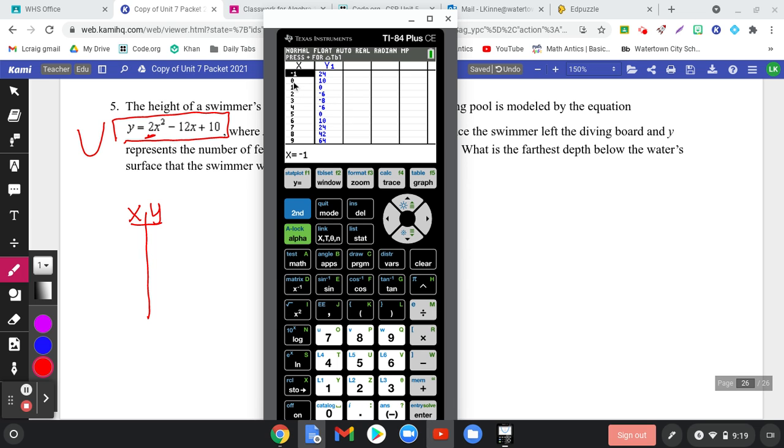All right, so we're going to start at a time of 0, 10, and go to, let's just go to 10.